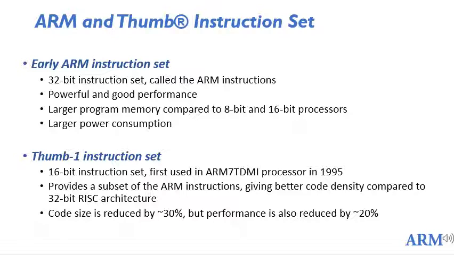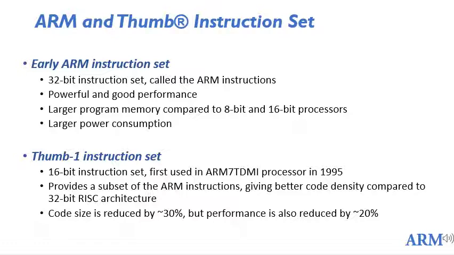Then in 1995, when the ARM 7 processors came into existence, the Thumb 1 instruction set was developed. This Thumb 1 instruction set consisted of 16-bit instructions. It was nothing but a subset of the larger 32-bit ARM instruction set.